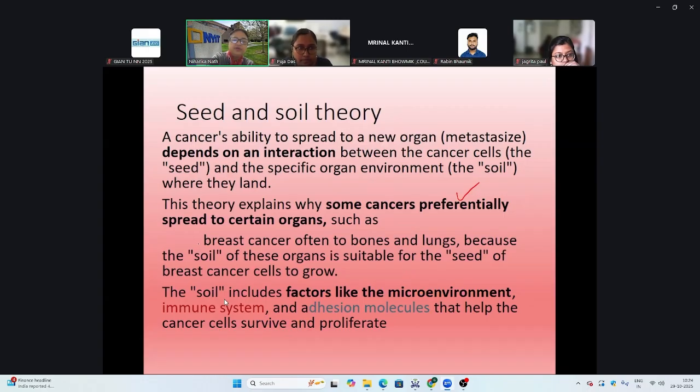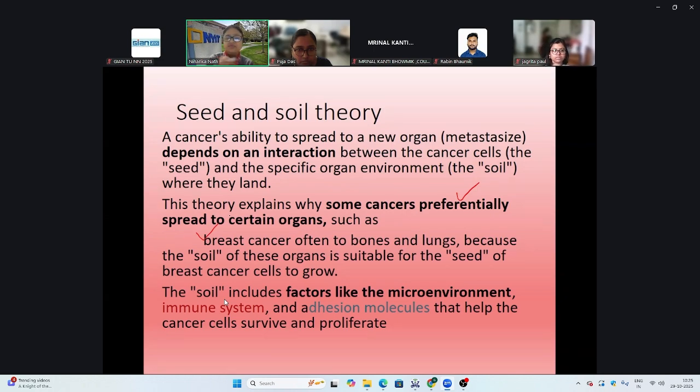One example I have for you here is that breast cancer often goes to the bones and lungs. So women with breast cancer have to constantly make sure that the cancer doesn't settle down into the bones and lungs. It's all because those cells have been able to find suitable ground, suitable soil, where those breast cancer cells grow.